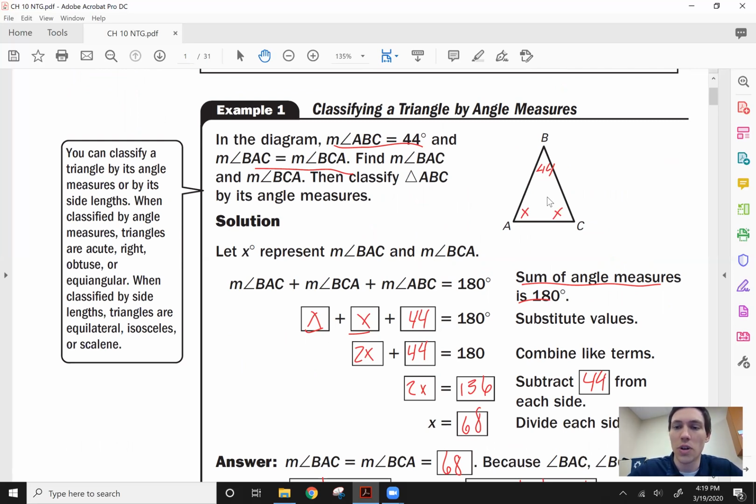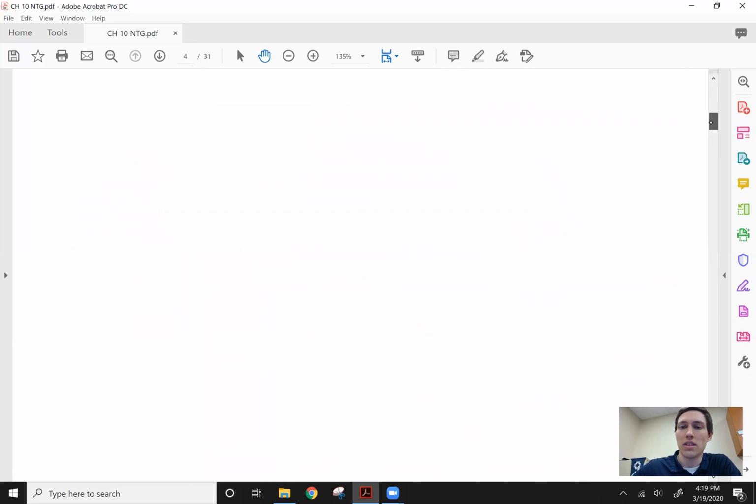So this was 44, this one was 68, and so is this one. Since they're both 68, which is less than 90, and this one's 44, they're all less than 90. That means it's an acute triangle. If one of these angles was exactly 90, then it's a right triangle. And if any of the angles are more than 90, it is what's called obtuse. So just a quick refresher on that.